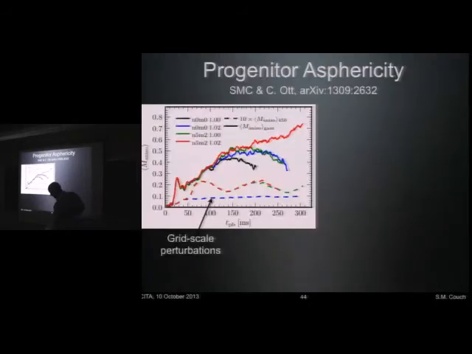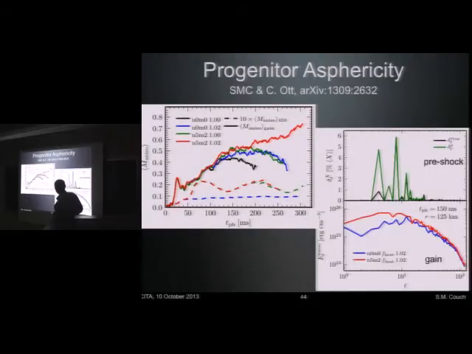You showed that in the progenitor, you have this reversing velocity. How long does it take one of those structures to advect through, compared with the time for stuff to settle below the shock? I can't say that for sure, because I would have to do something like a Lagrangian tracer calculation to actually follow one of those perturbations through the gain layer.